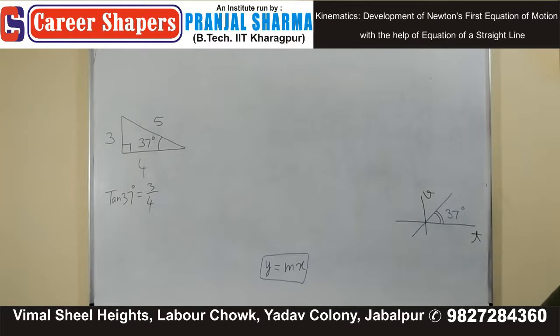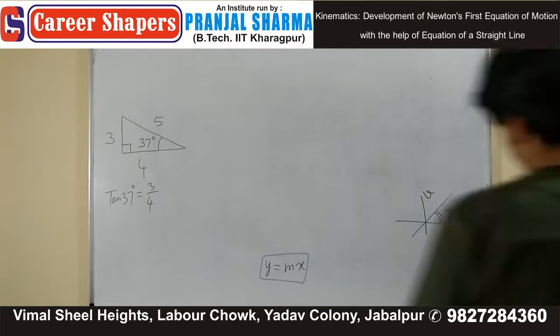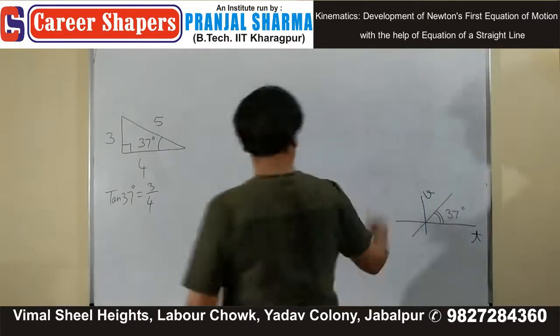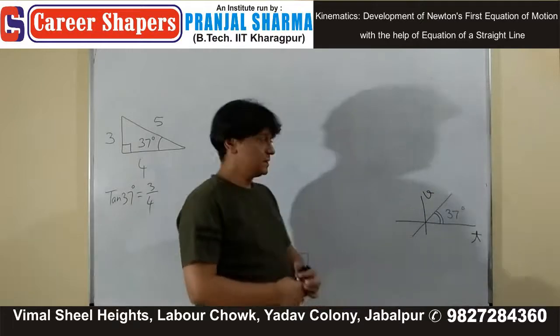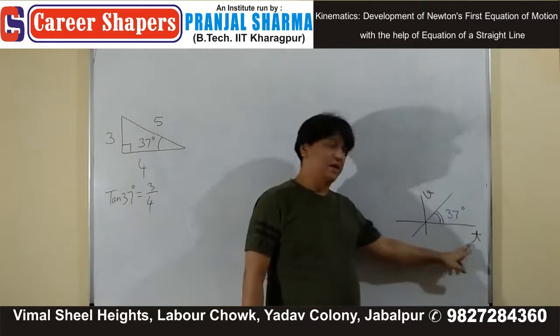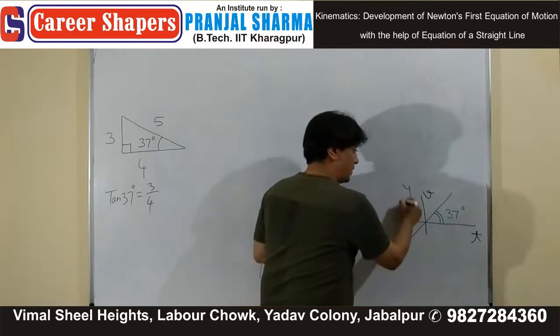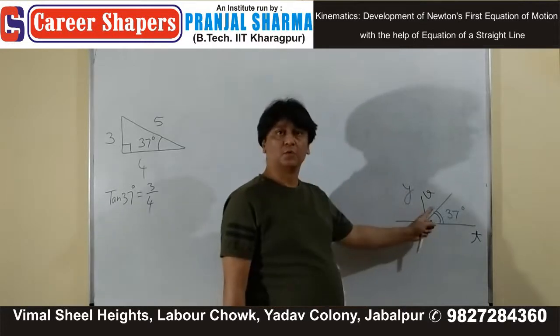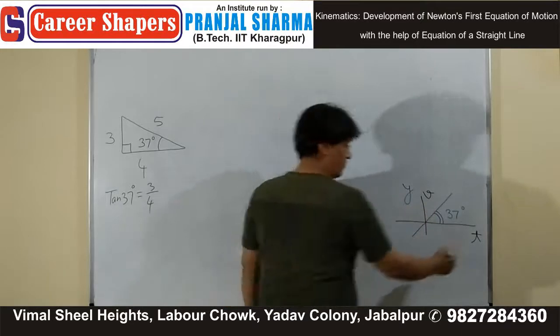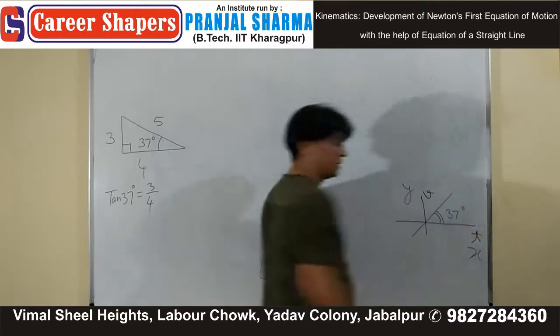Almost everyone has done this. Some of you have committed a silly mistake. The graph is between V and T. So do one thing. You have replaced y with v and you have replaced x with t.